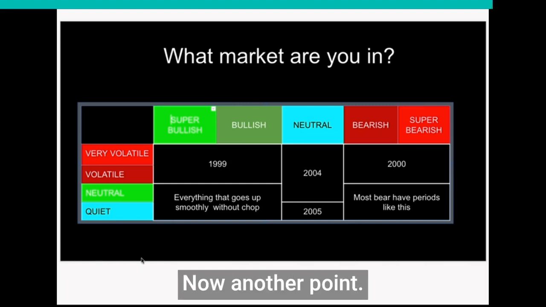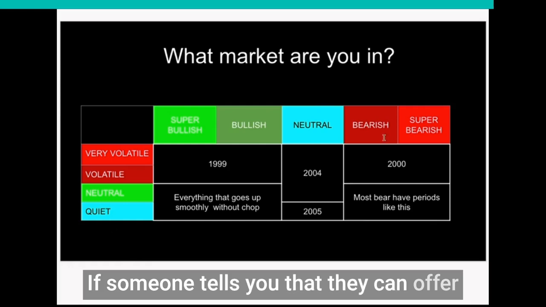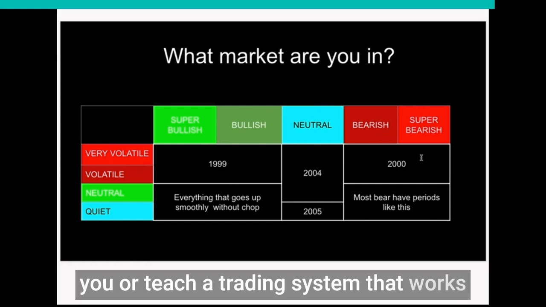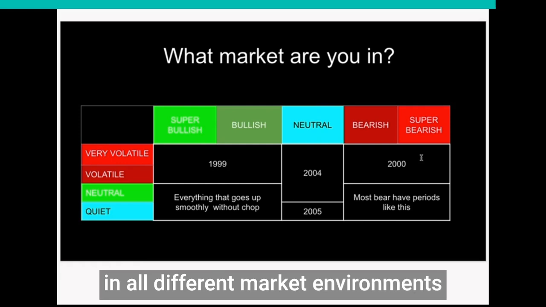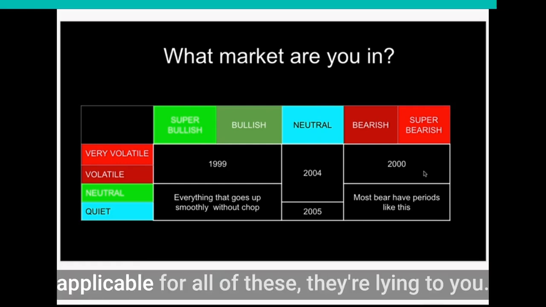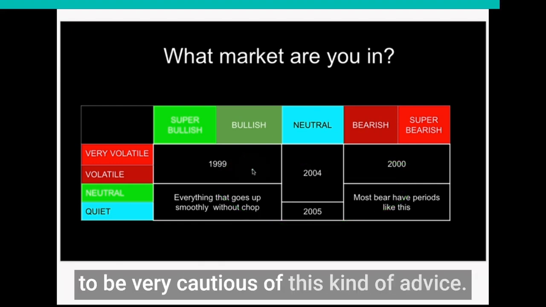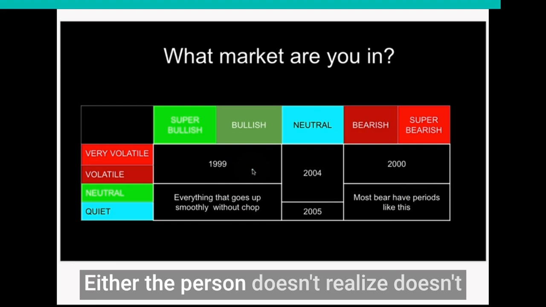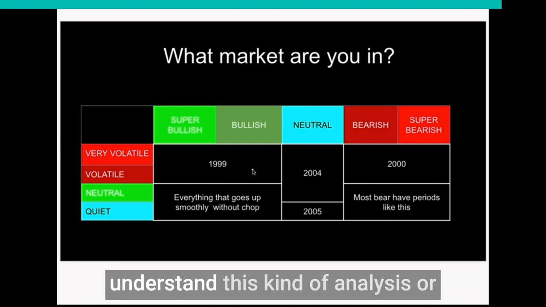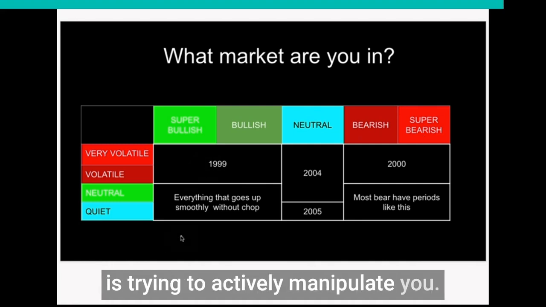Now, another point, if someone tells you that they can offer you or teach a trading system that works in all different market environments and all different volatilities, i.e. applicable for all of these, they're lying to you. No such trading system exists. And you have to be very cautious of this kind of advice. Either the person doesn't realize, doesn't understand this kind of analysis, or is trying to actively manipulate you.